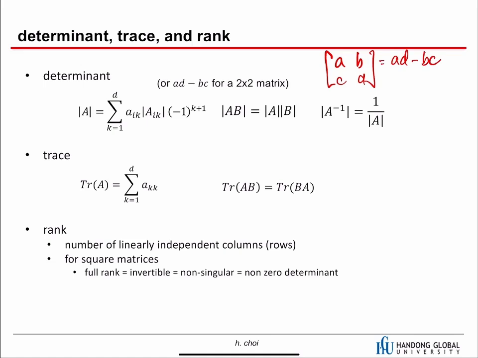But then how about a 3 by 3 matrix, and 4 by 4? Can we generalize these equations? Let's look at this one.